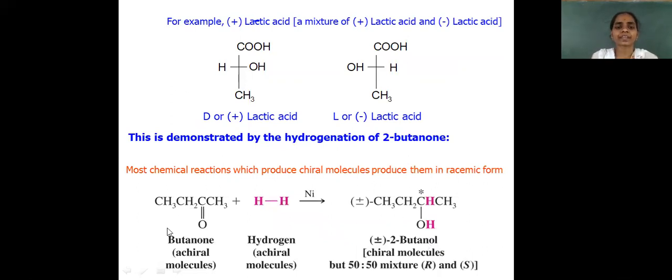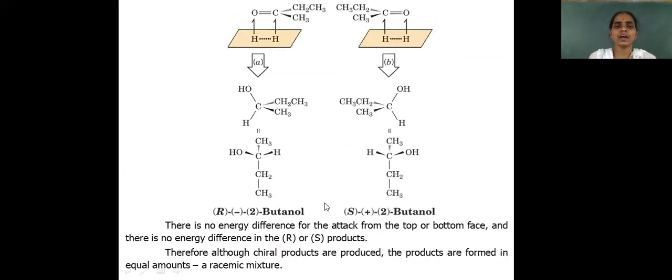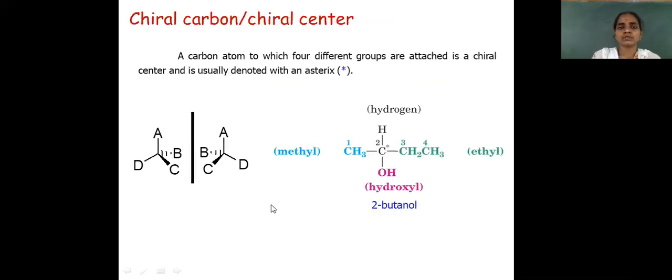This is the reaction. And the R and S configuration, based on the rotation, we can give to the enantiomer or the racemic mixture also. We will see the R and S configuration later.